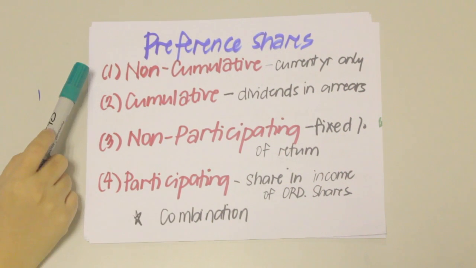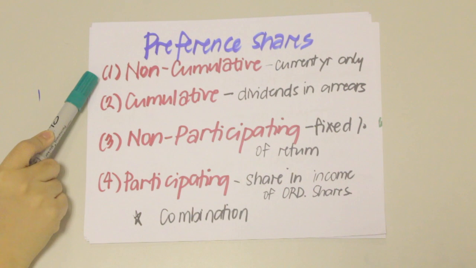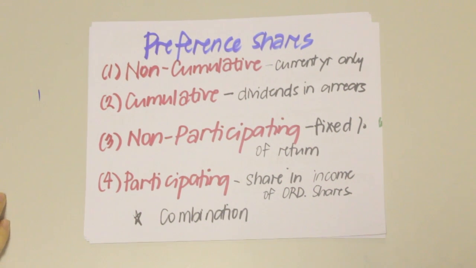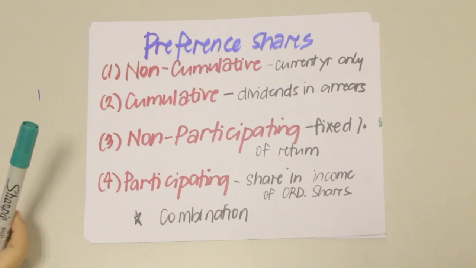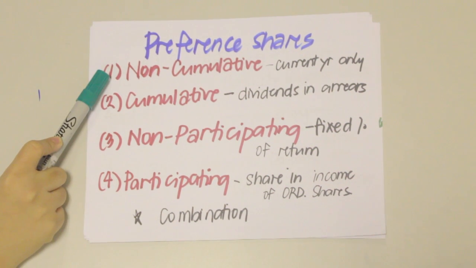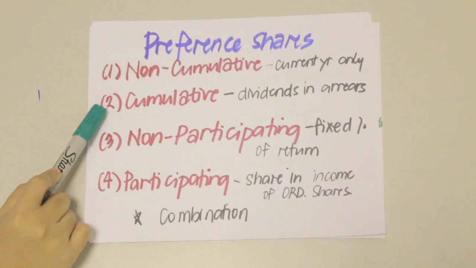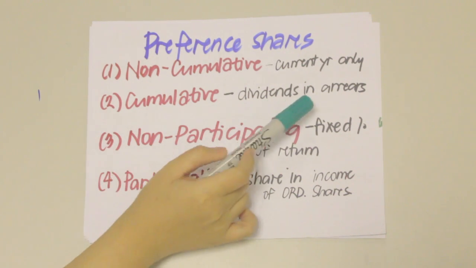Non-cumulative preference shares are those that are only entitled to the dividends for the current year only. So this means that if the corporation does not declare a dividend in the previous years, the preference shares would no longer be entitled to receiving them. Now we have cumulative preference shares, which are entitled to dividends in arrears.